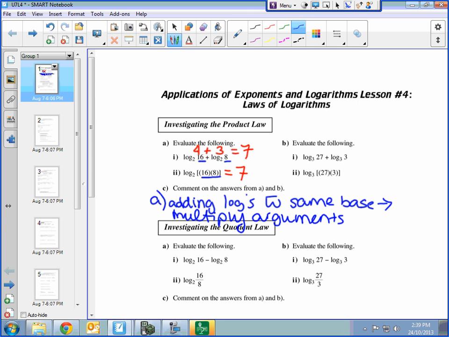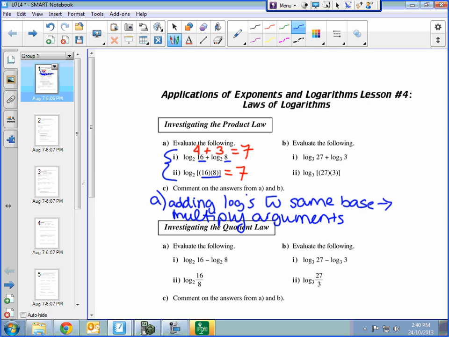I'm just saying the value of log of 16 times 8 base 2 is equal to 7. So when you add logarithms with the same base, it's the same as multiplying the arguments. Does that make sense? If you could put it in better words if you want. So that's just saying like this.